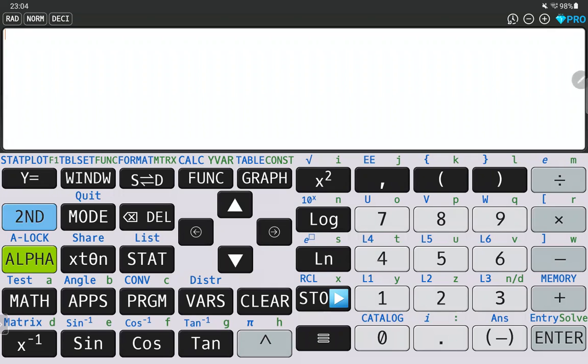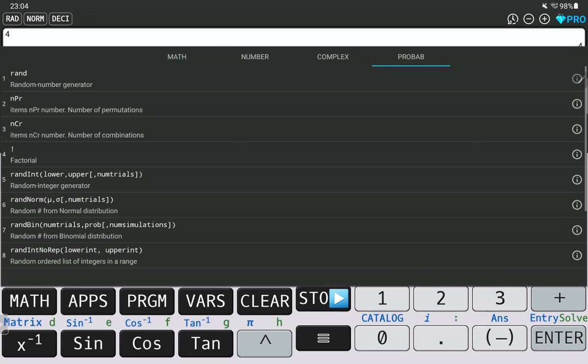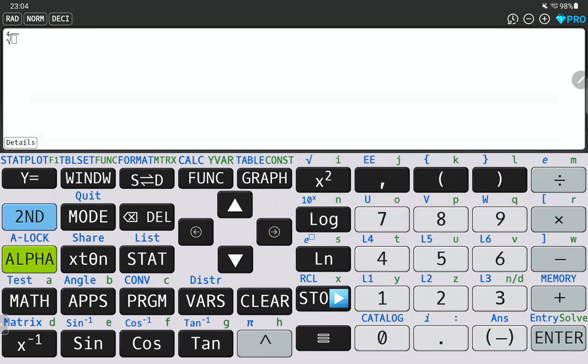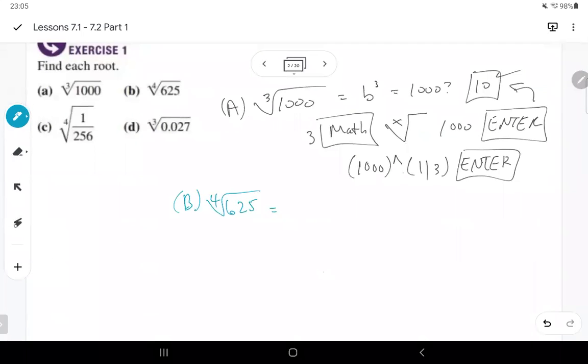I'm going to hit a 4, because I know this calculator already needs to use the math option, and here it calculates the fourth root. I'm going to do 625 and enter, and my answer is 5. You can see it over here to the right-hand side. So my answer here is actually 5.